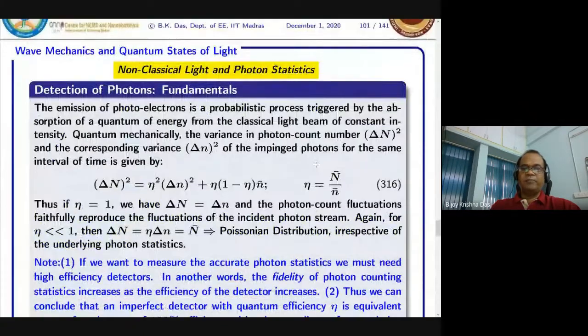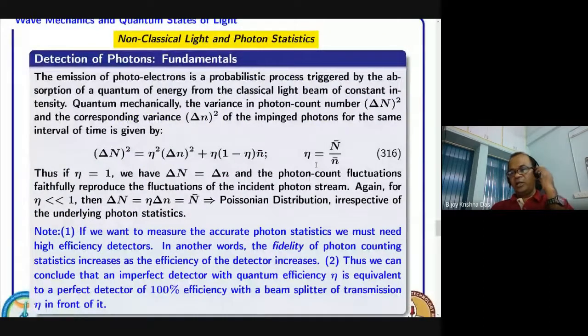Yeah, this slide. If you see this equation number 3.16, to detect the quantum nature of photon, the variance in electron generation for any detector is expressed in this form. And we know eta is the so-called quantum efficiency of the detector.